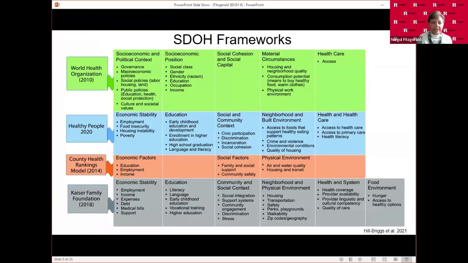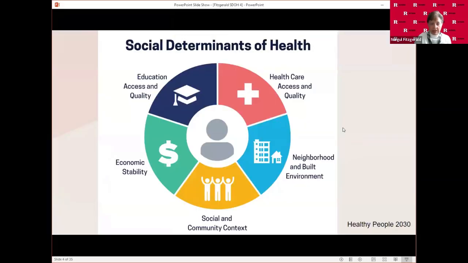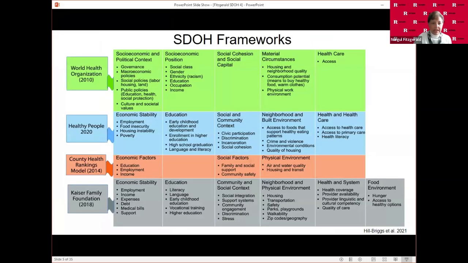So let's look at these domains. I said there are a few different social determinants of health frameworks. And the one we just went over, although it is showing as Healthy People 2020 here, the domains are still the same. The one that we saw in this circular representation, they are in the blue section of this framework.